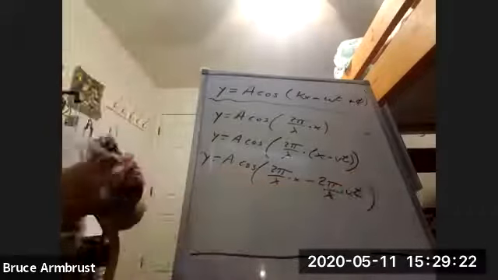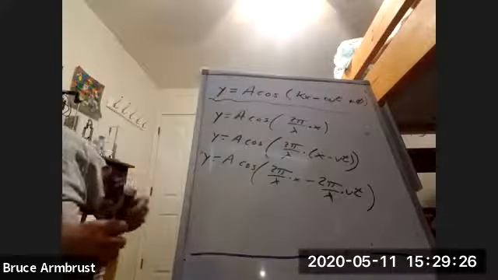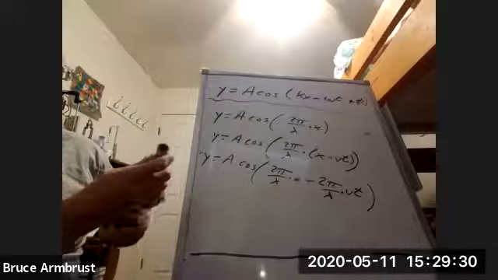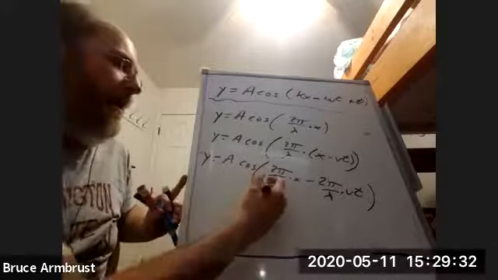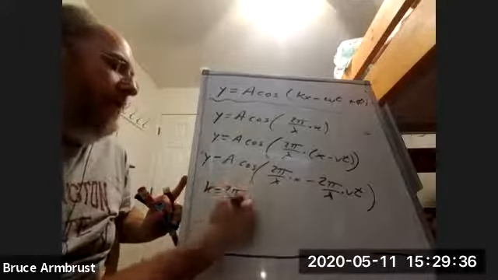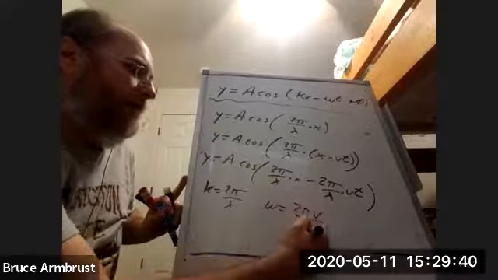And you're starting to see how this is looking like the kx minus omega t. Right? So we've got our k is the 2 pi over lambda, but now omega is going to be 2 pi v over lambda.